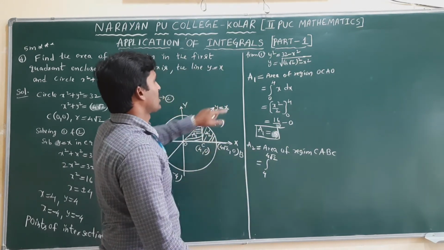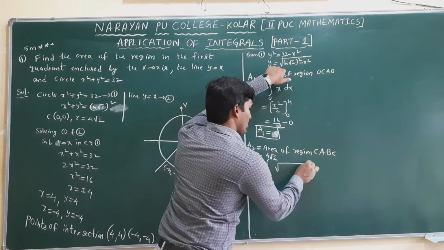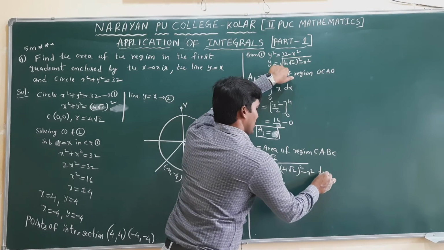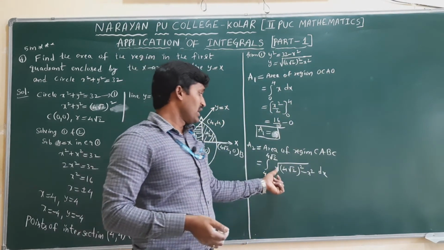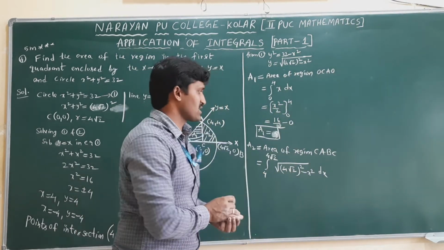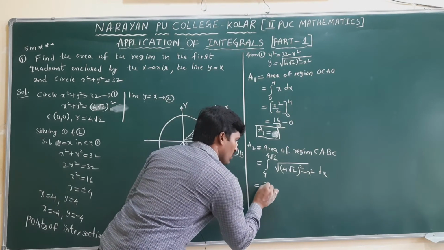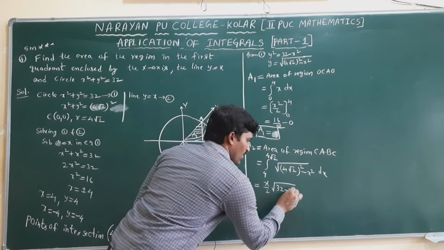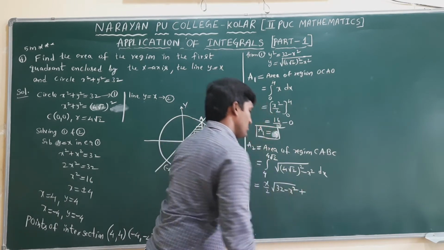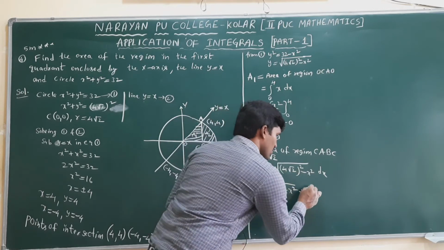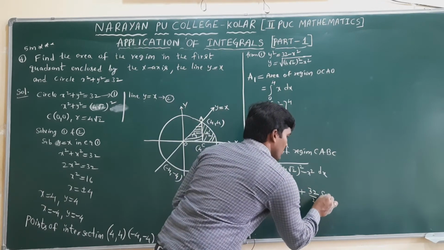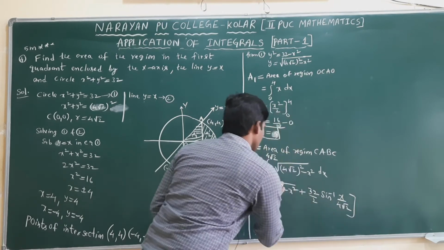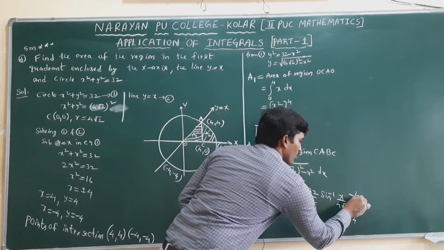The curve we already got: integral of root of 4 root 2 whole square minus x square dx. This is also in the form integral root of a square minus x square. What is the formula? x by 2 into root of a square minus x square, plus a square by 2 sin inverse of x by a. Here a is 4 root 2, with a square 32 and limits from 4 to 4 root 2.